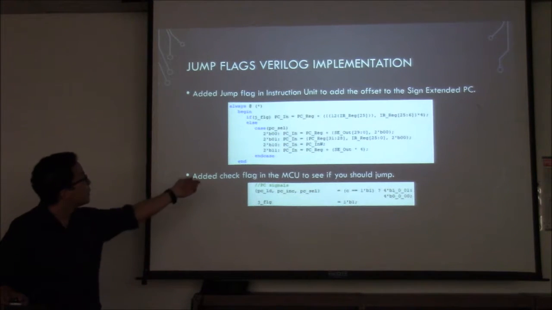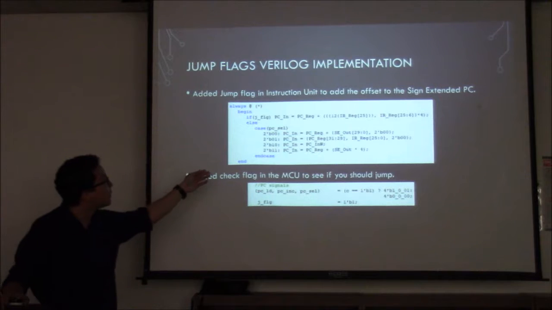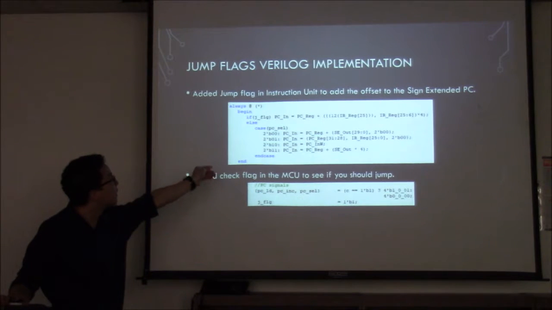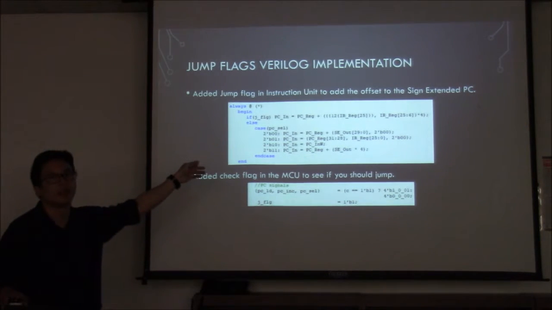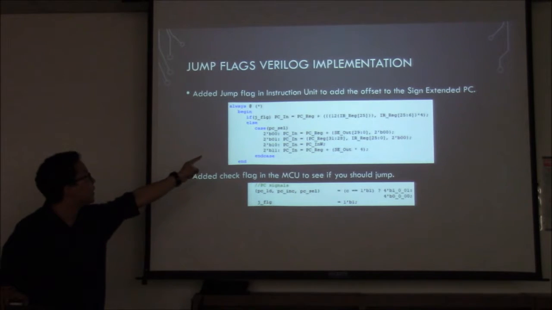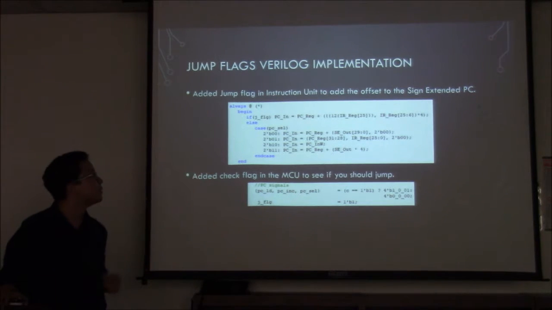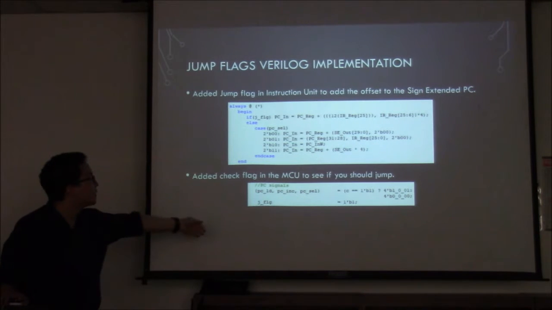So here is my code from the instruction unit. I added an if statement to my logic. So I added if jump flag, which is set in the MCU, and then PC in gets PC reg plus IR reg, the sign-extended value. And then here's the MCU.